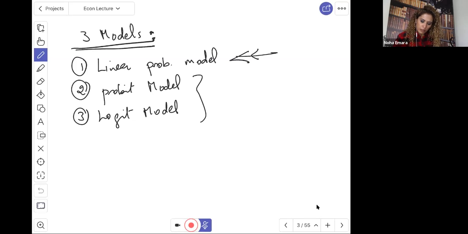So currently, if you have y that is 1 and 0, it is recommended that you use either probit or logit. And probably 20 years ago, before the invention of computers and statistical software, people used to prefer the logit because it's easier to compute as compared to the probit.